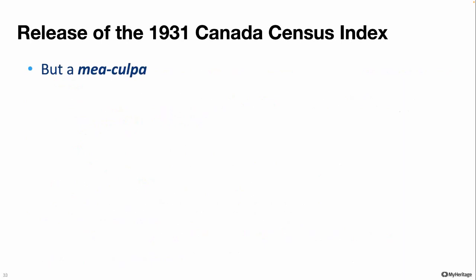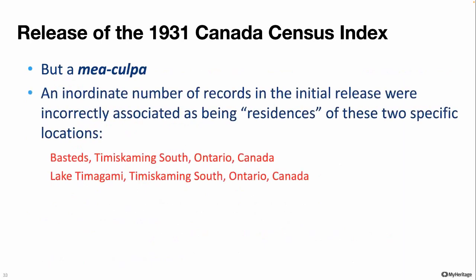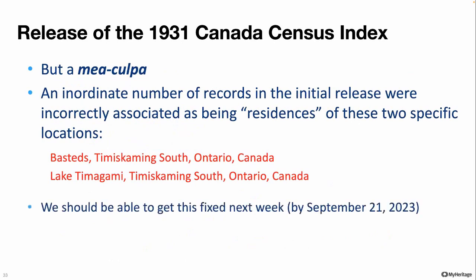But I do have a bit of a mea culpa. As I was preparing for this talk a few days ago, I discovered that an inordinate number of records in our initial release were incorrectly associated as being residences of these two specific locations. This is due to a metadata merging error. We can recover from this very easily, and I hope to have this fixed by next week.